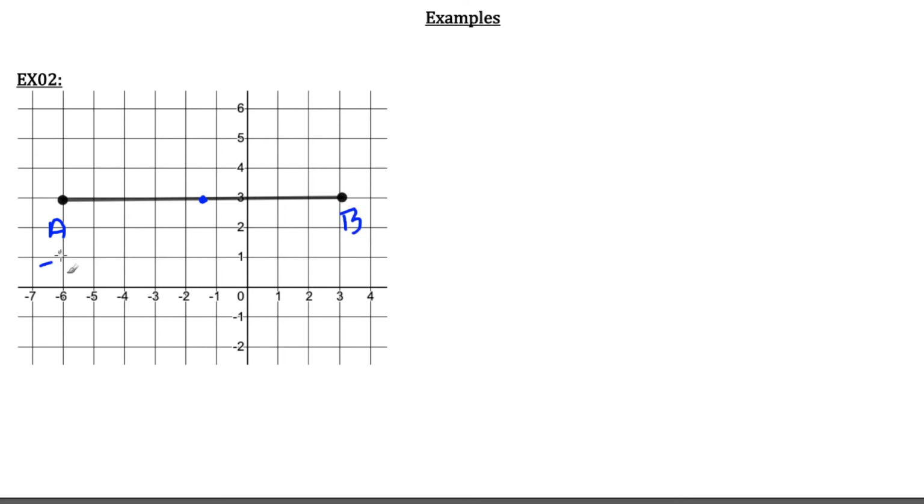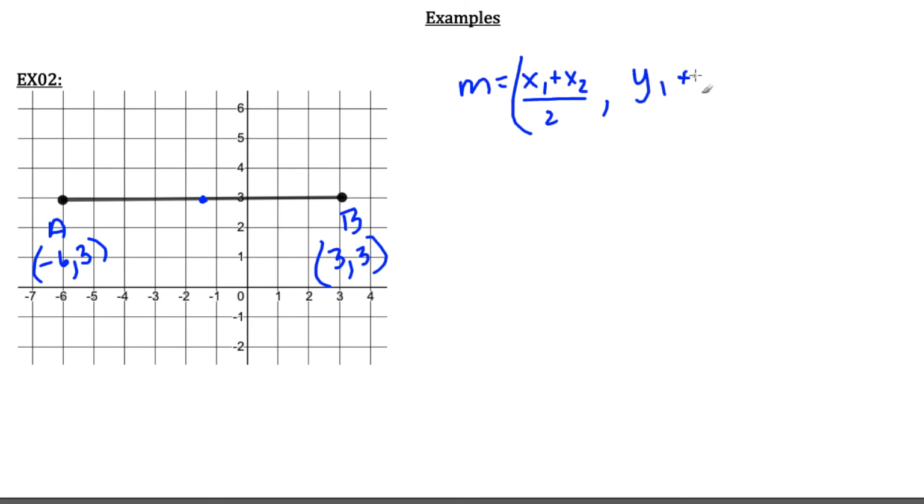So A is -6, 3, and B is 3, 3. Oh, that should make it easier later. Let's write our midpoint formula. It's x1 plus x2 divided by 2, comma y1 plus y2 divided by 2.